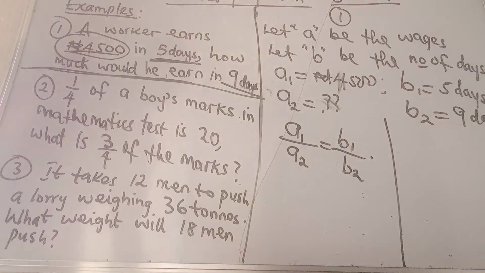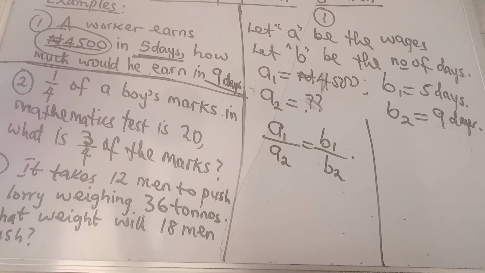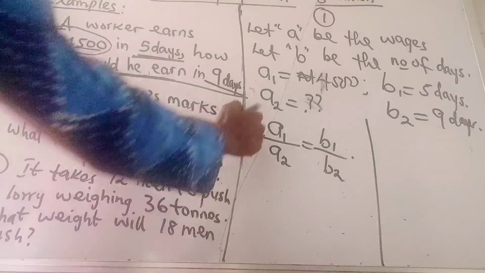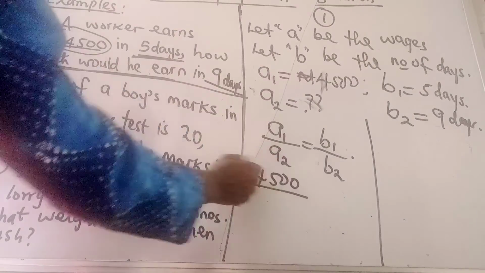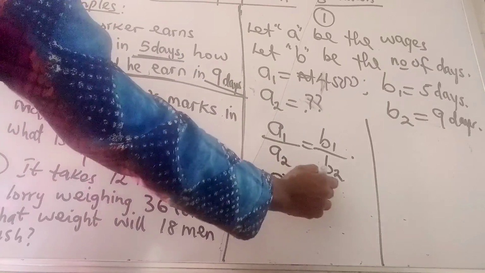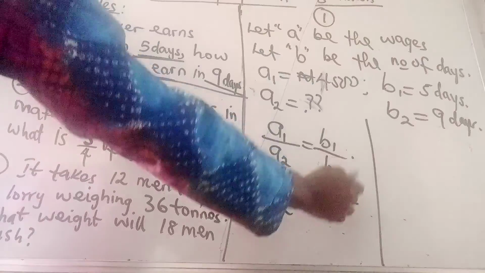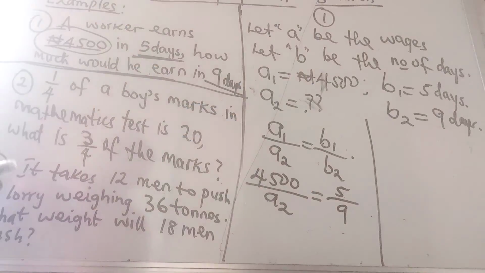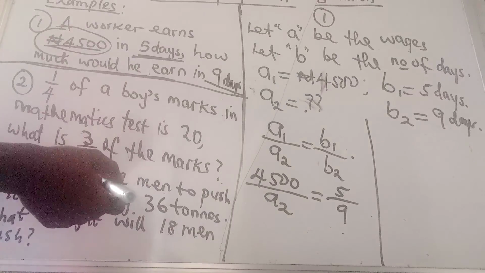Then we substitute. A1 will be replaced with 4,500. A2 is still A2 because that's what we are looking for. B1 is 5 days and B2 is 9 days. Then when we cross multiply, what do we have?